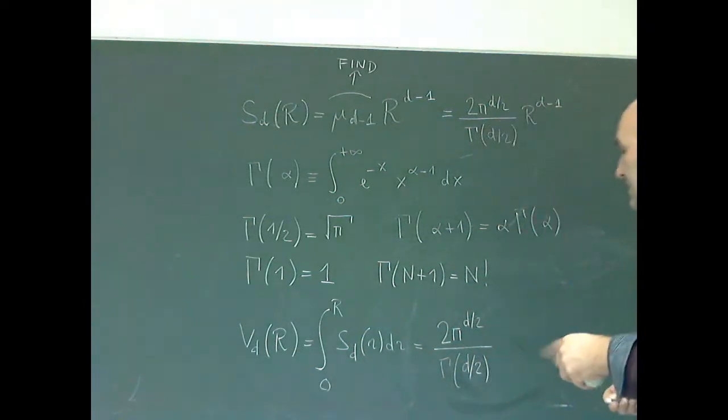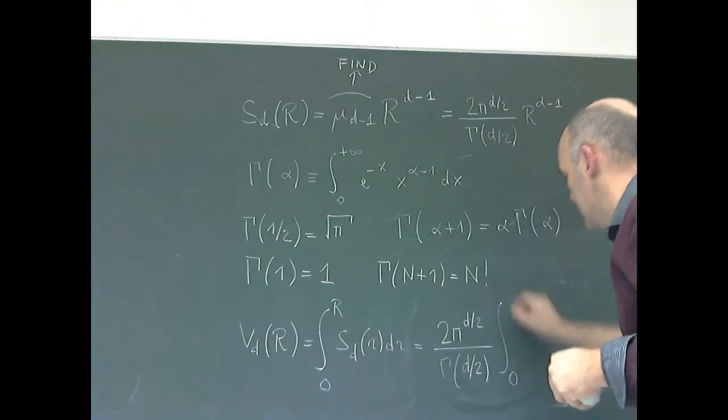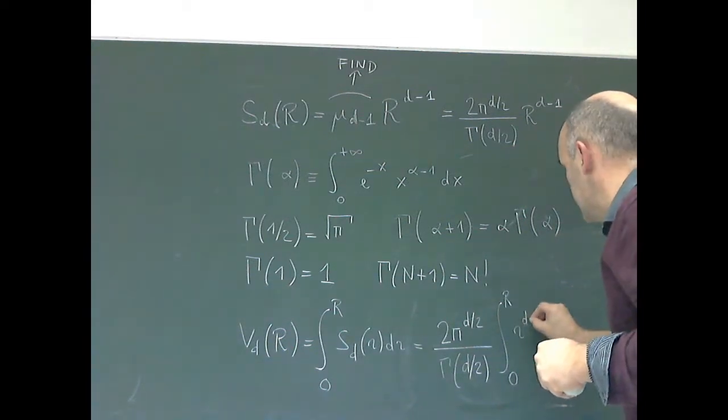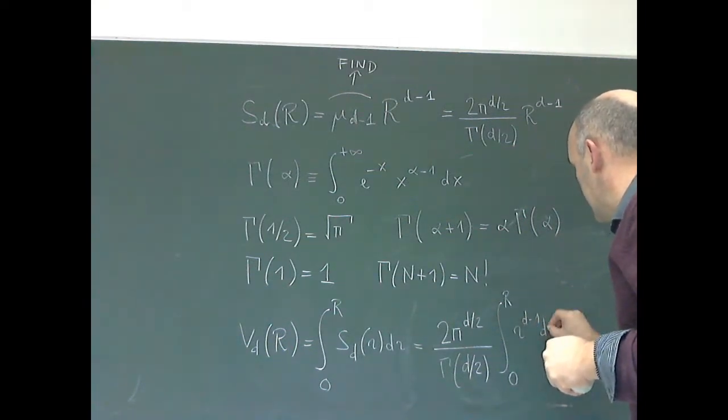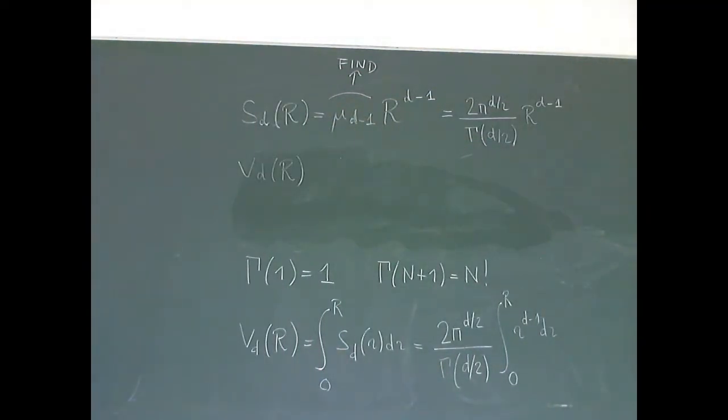And there I have to integrate from 0 to r, r to the power d minus 1 dr. This is a trivial integral, so we write this result here.